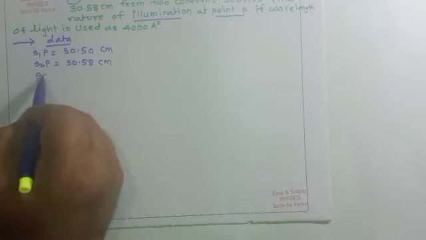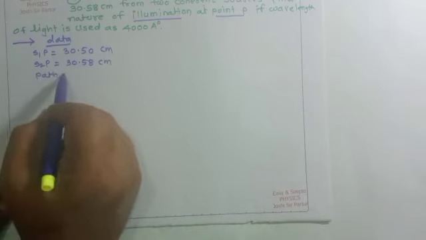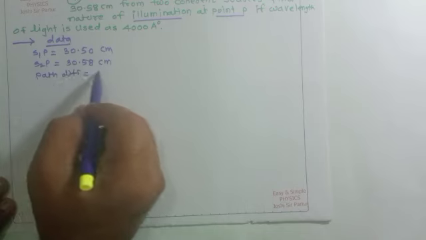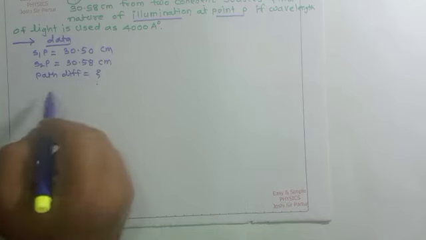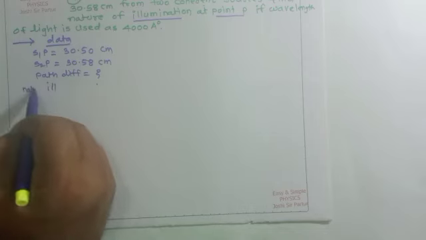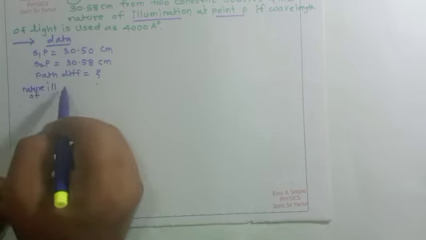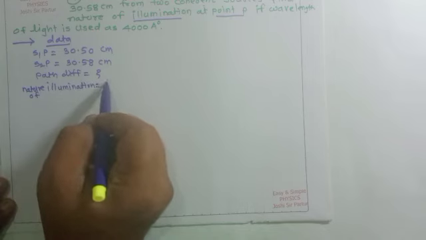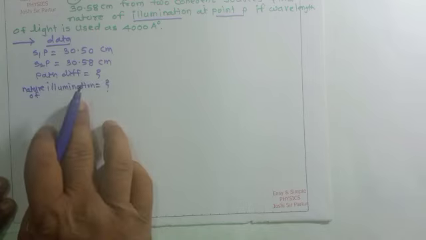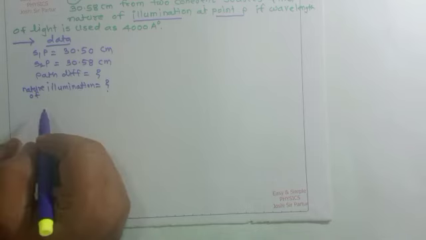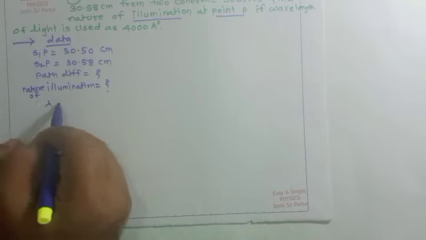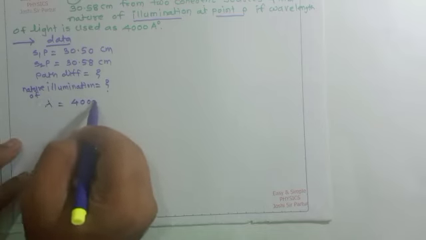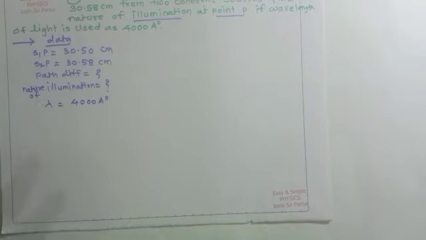We can first find out the path difference, then we can find out the nature of illumination, meaning whether the point is bright or dark. And the wavelength of 4000 angstrom unit is given.